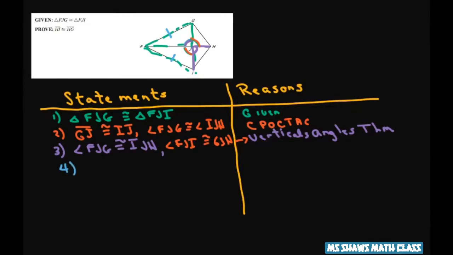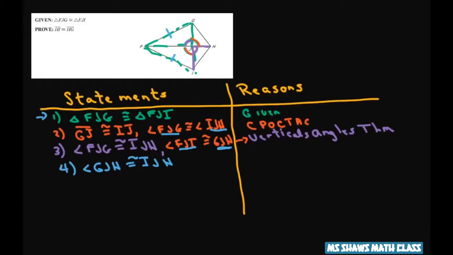Now, we know by the transitive property that angle GJH is congruent to IJH. So here's GJH, here's IJH, and these two are different. However, they're really the same, because in statement 1, we have it here.